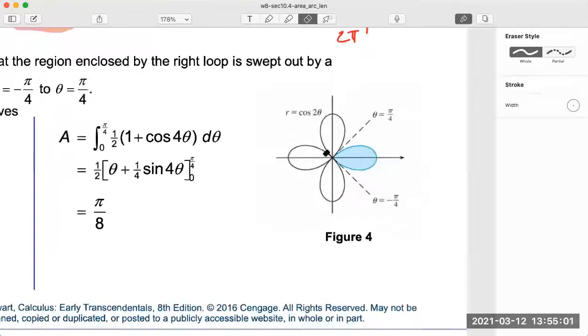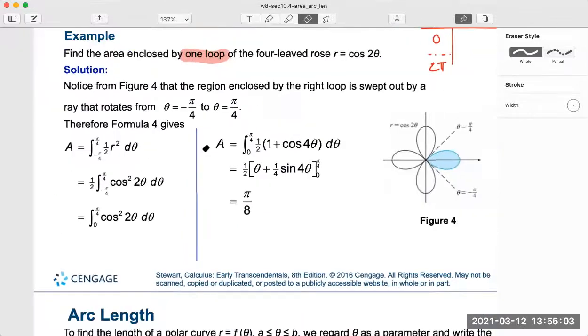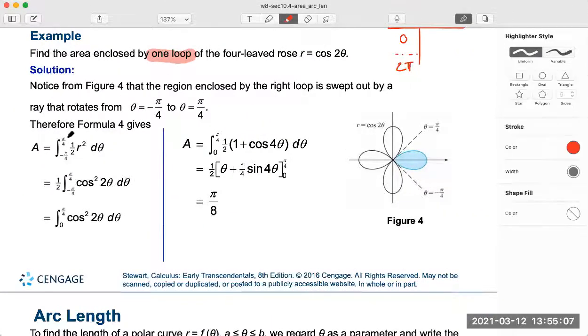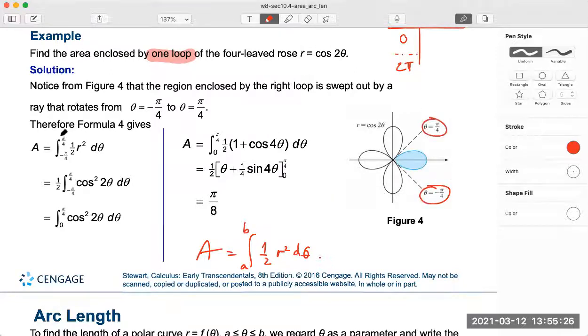According to the previous formula, we know that the area should satisfy this equation. A is equal to the integral from A to B of 1/2 r squared d theta. In this case, A is negative pi over 4, B is pi over 4.